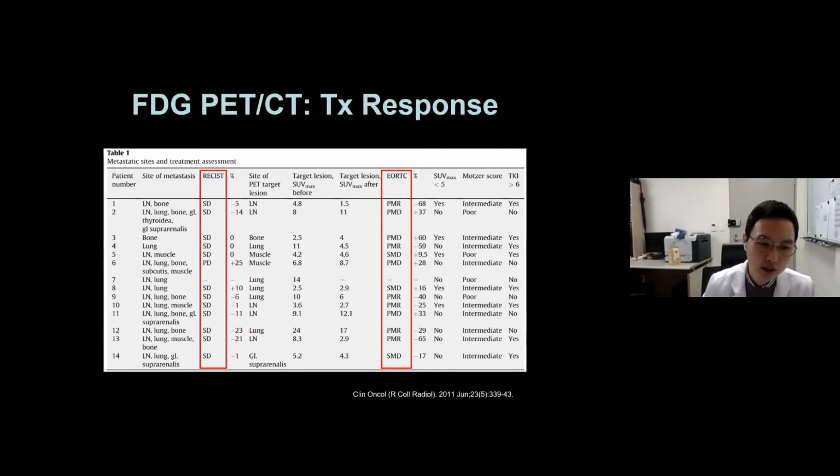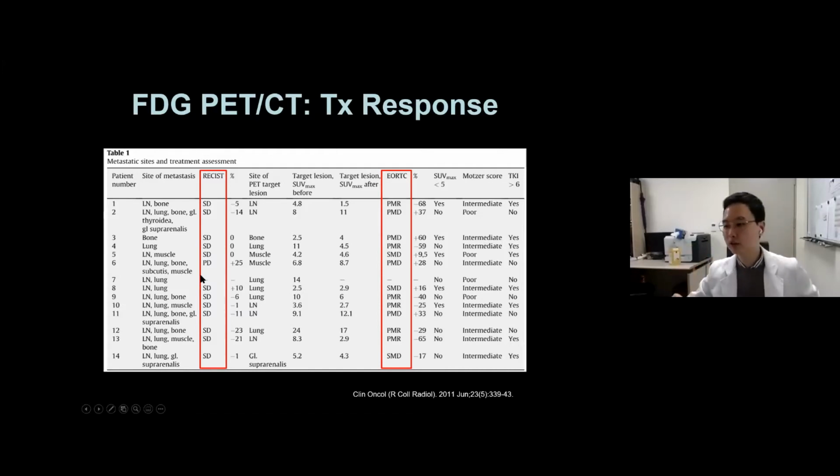One study in 2011 reported that from 14 patients, using the EORTC criteria, they found a metabolic response: partial response was acquired in 6 patients, stable disease in 3, and progression in 4. However, as you can see from the RECIST criteria, all the patients were actually in the state of stable disease except 1 for progression disease.